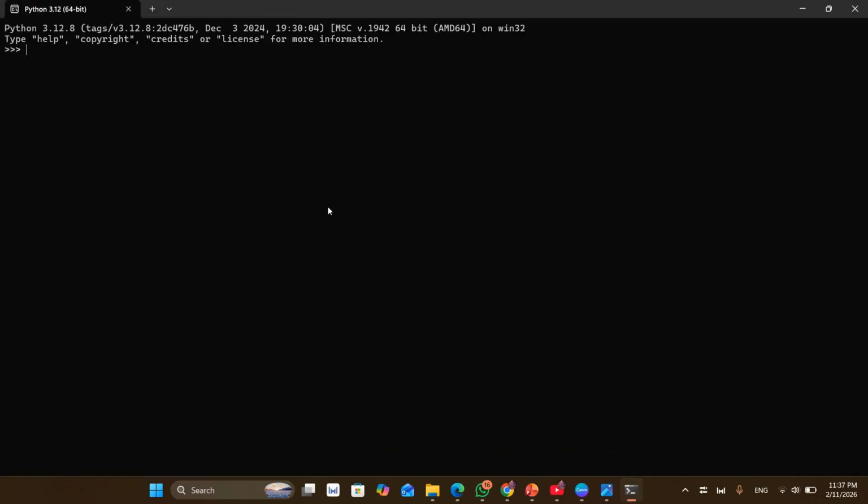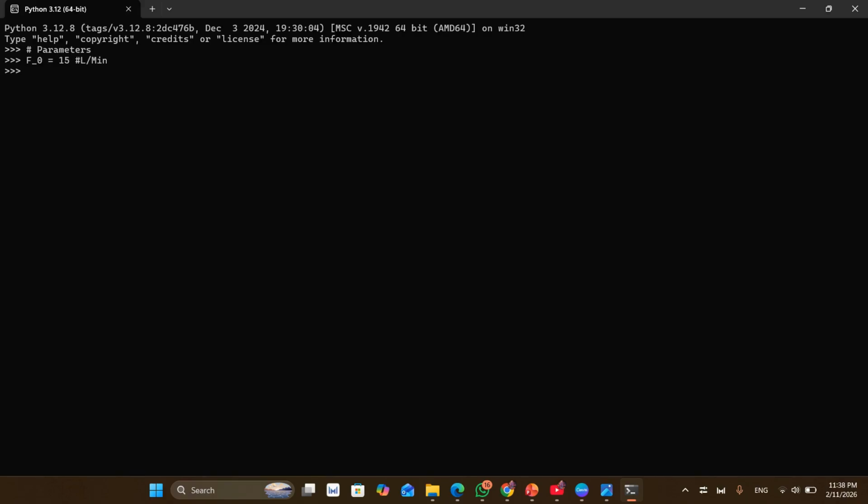So my Python is open. I'll start by defining my parameters. Then I have to define my volumetric flow rate, which is F naught, which is 15, with the unit liter per minute.